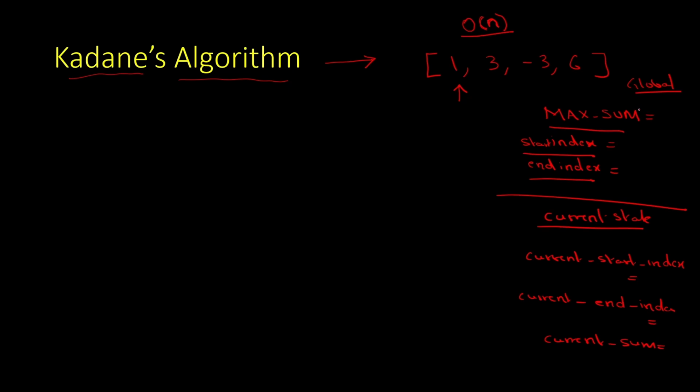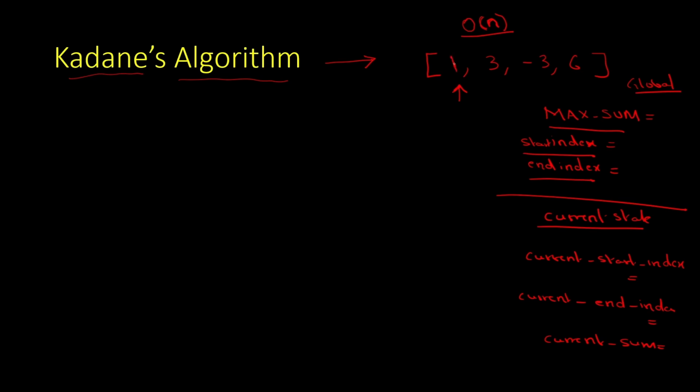So these are the variables I'm planning to maintain because this will give me the basic information. In most array problems or other kinds of problems, you will most probably declare these kinds of variables. One is to maintain the current state, which generally gets updated in the loop. And one is to have a global state, which is outside the loop and maintains what's the best solution we found till now.